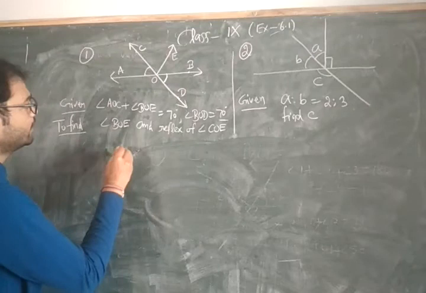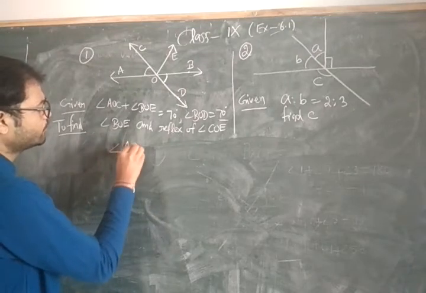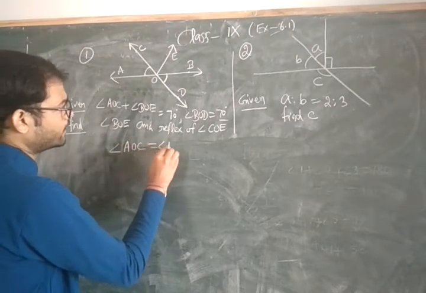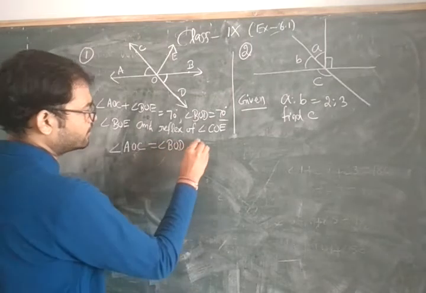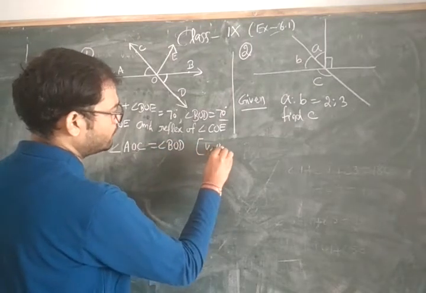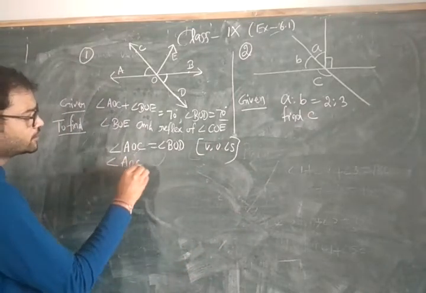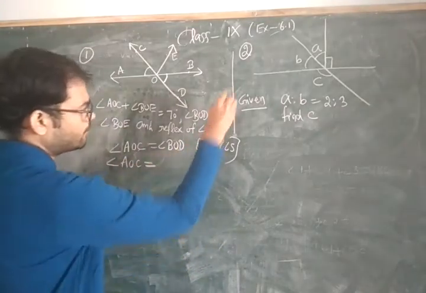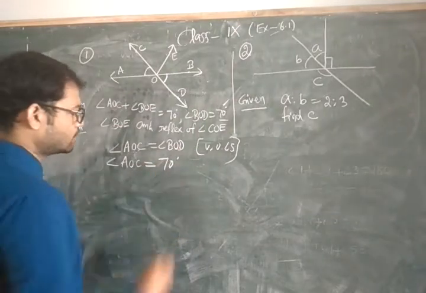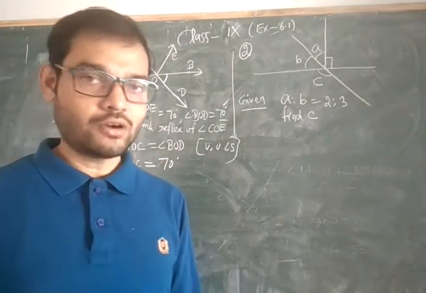So I can write here angle AOC is equal to angle BOD. The reason is vertical opposite angles, and therefore angle AOC is equal to BOD, which is 70 degrees. So angle AOC we got.